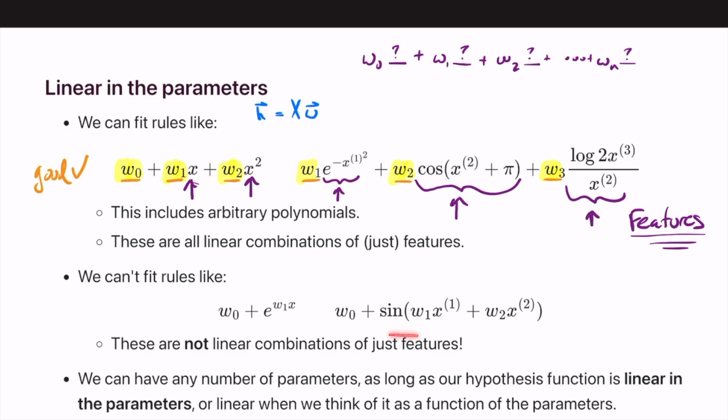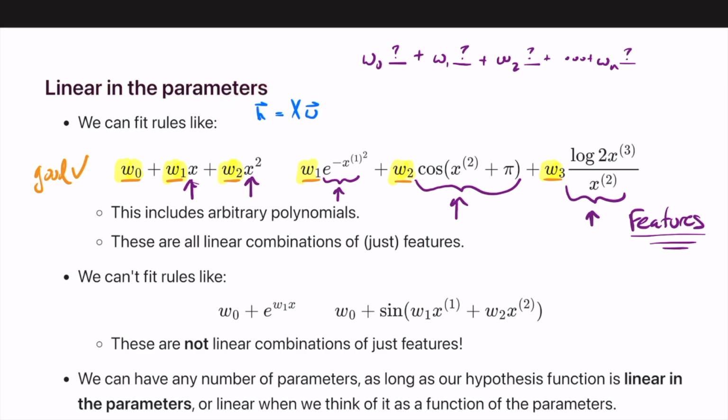We can't do that when we have things like this, because here we have our weights doing weird things like being an exponent, or being inside some other function, so they are no longer linear combinations. This is not good. It's going to break down this thing right here.